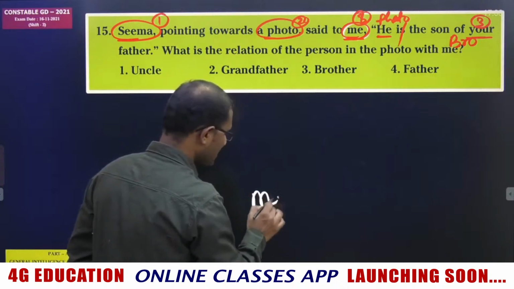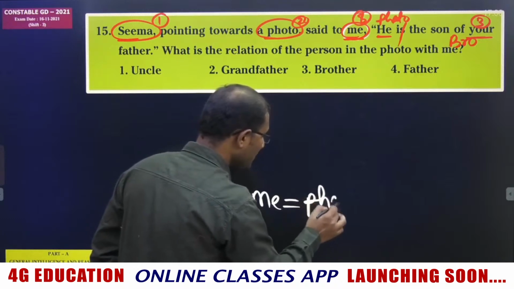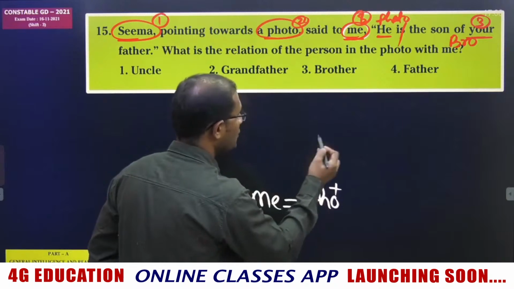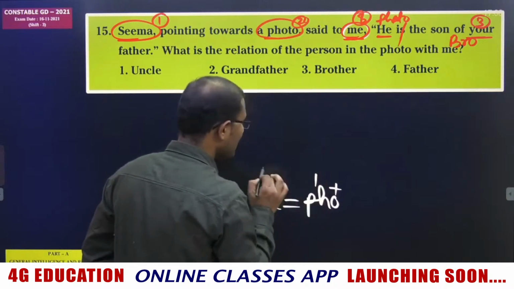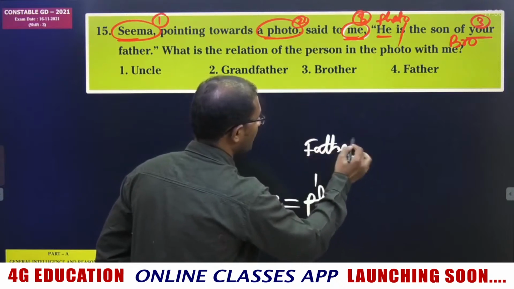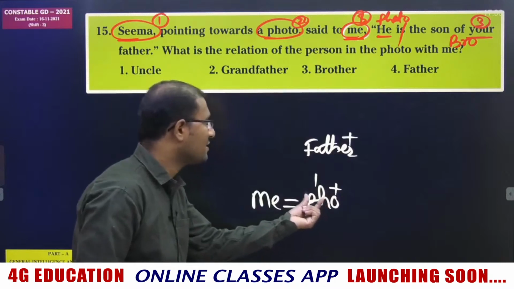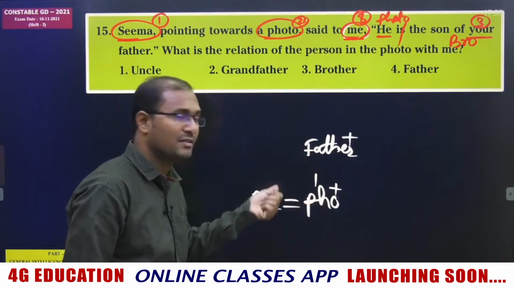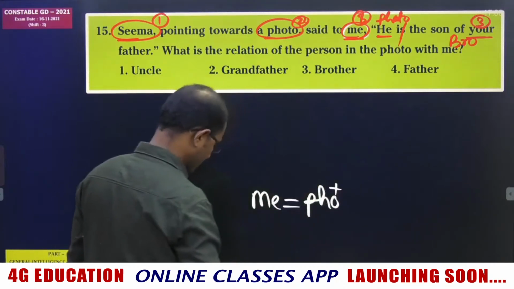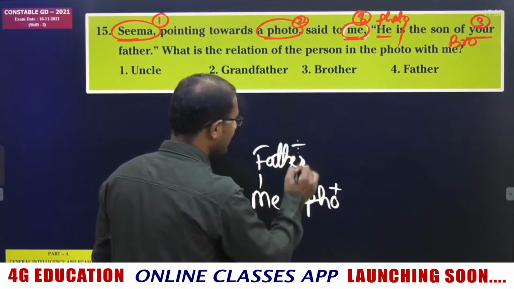Let us suppose this is me. The person in the photo is the son of your father. Your means this me, so let us suppose this is the father. Now we can understand very clearly.